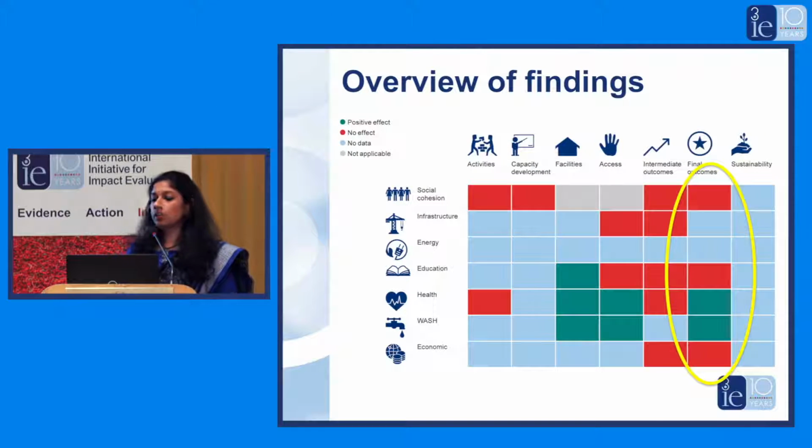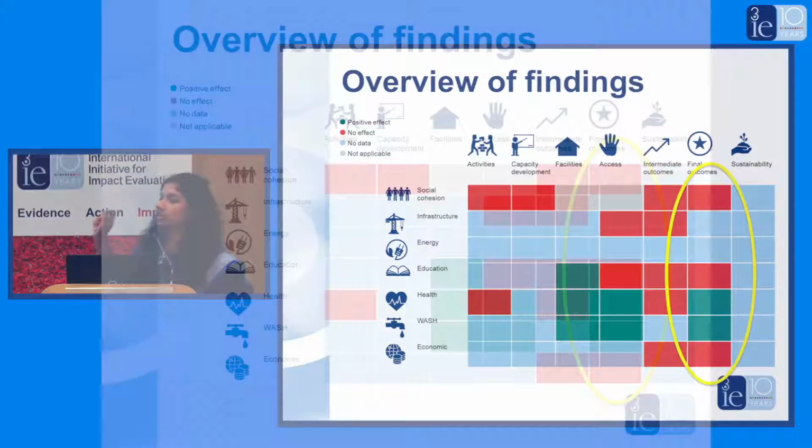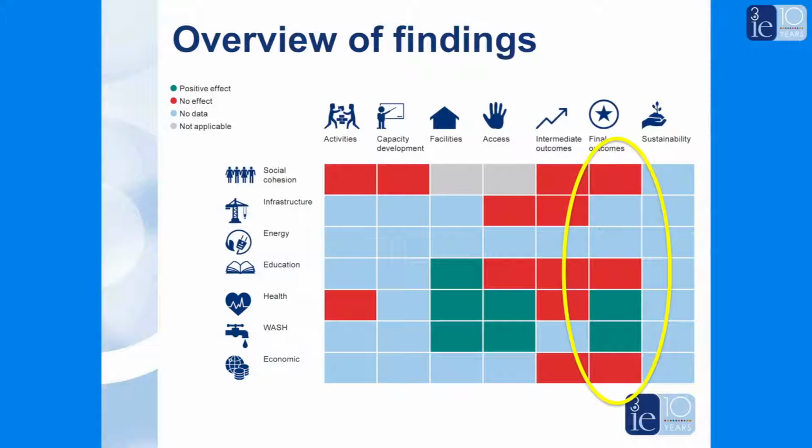But then, when you start to look across the causal chain, you see that CDD, so I didn't explain this properly, but the green stands for a significant positive effect, the red stands for no effect, the blue stands for areas where there was no data, and the gray is just not applicable.